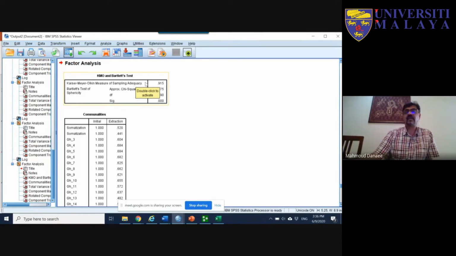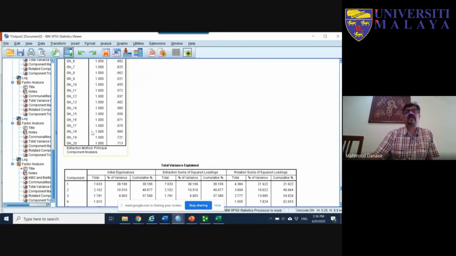No, this sampling adequacy means how much total variance and covariance is available among your data. If there is no covariance, which means there is no correlation among the items, then you cannot do the factor analysis. The cutoff point for the KMO is 0.6. Also, Bartlett's test of sphericity, which tests the homogeneity of the correlation among all items, should be significant. If it's significant, then you can proceed with the result of the factor analysis.